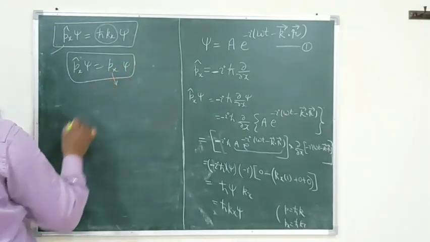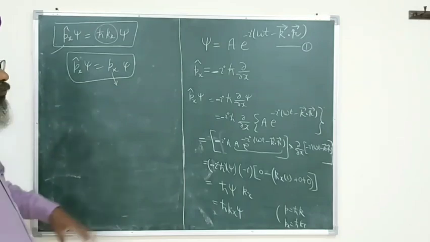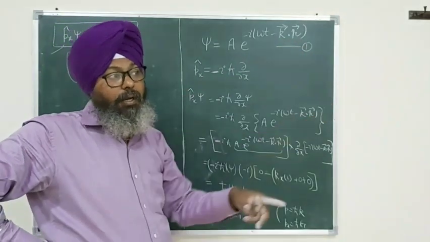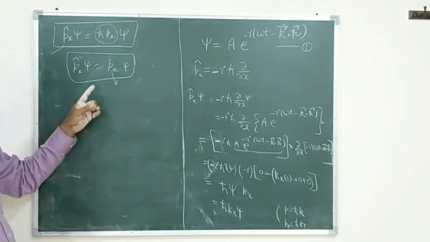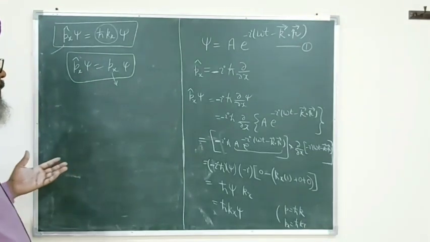This value is the eigenvalue, which is the x component of linear momentum of the particle. So this is a measurable quantity. So psi, which itself is not measurable, contains the information about a measurable quantity. And what is the measurable quantity? It is the x component of the linear momentum.